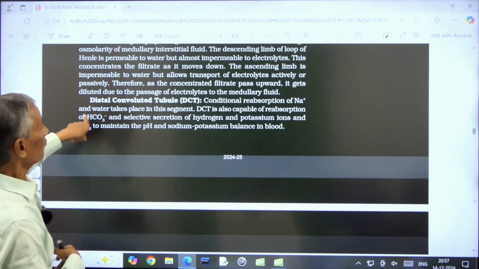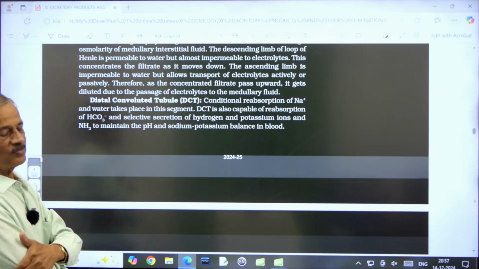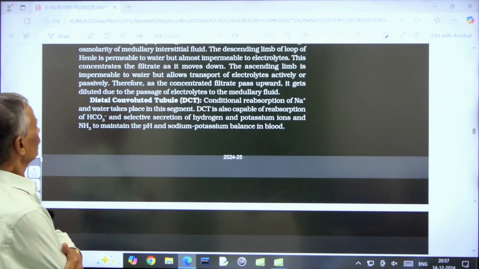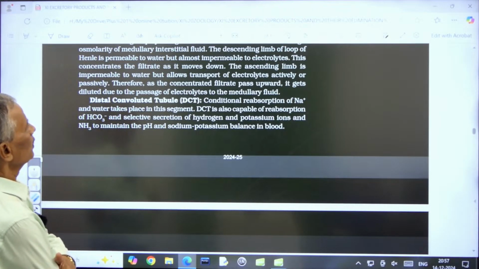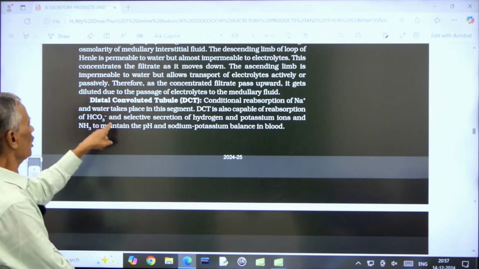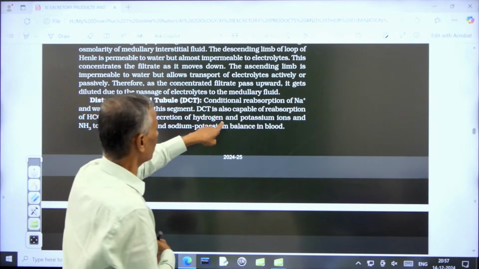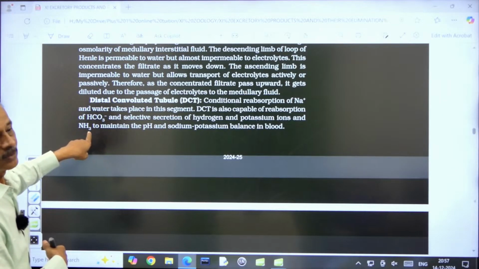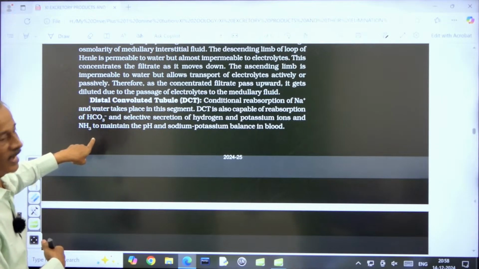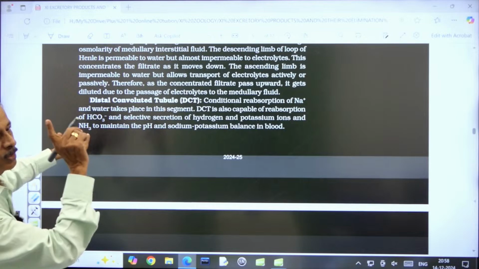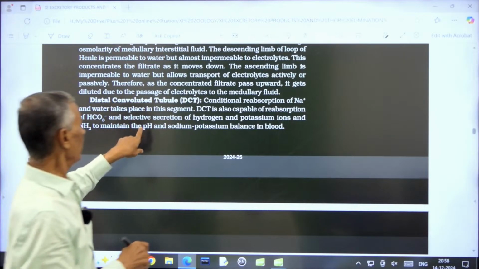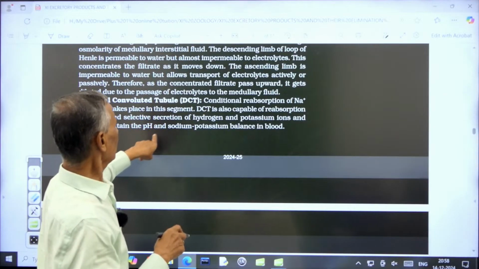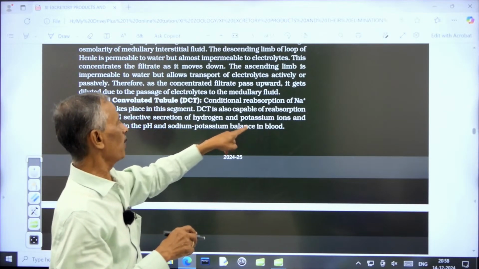DCT performs conditional reabsorption. Conditional means depending upon the requirement of the body. Sodium and water are conditionally absorbed in this segment. It is also capable of reabsorption of bicarbonate and selective secretion of hydrogen and potassium ions and ammonia. I have marked that ammonia also, though it is not given in your book. This is to maintain the pH, that is the acid-base balance, and sodium-potassium, that is the salt balance.